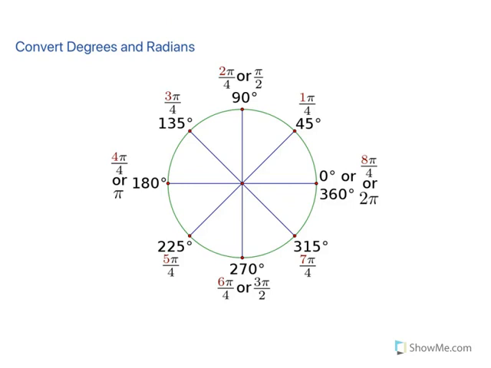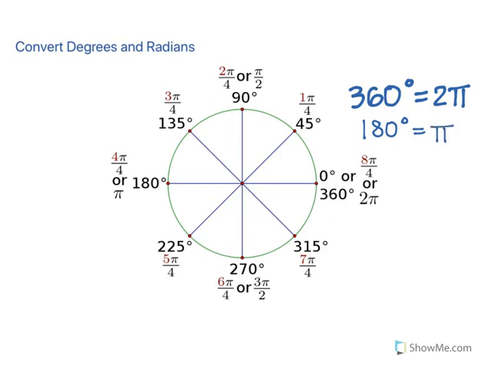So, basically, 360 degrees is equivalent to 2 pi radians. And 180 degrees is equivalent to pi radians.